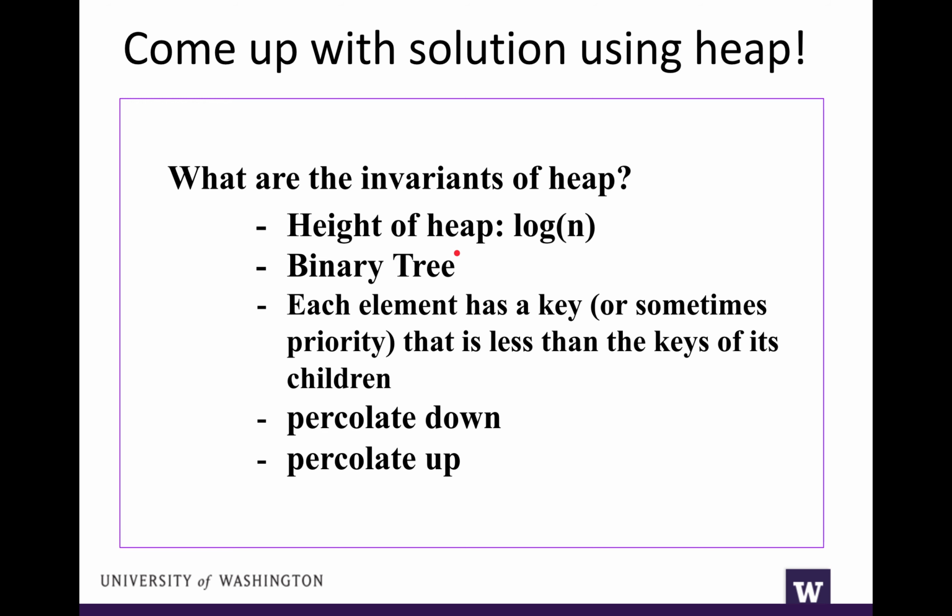But then let's say we have a constraint that we must use heap. Why? Because we're learning heap. So what are the invariants of heap? First, the height of heap is log n, and then we have another interesting invariant, which is the binary tree invariant, right? Which means that for heap, each element has a key that is less than the keys of its children.